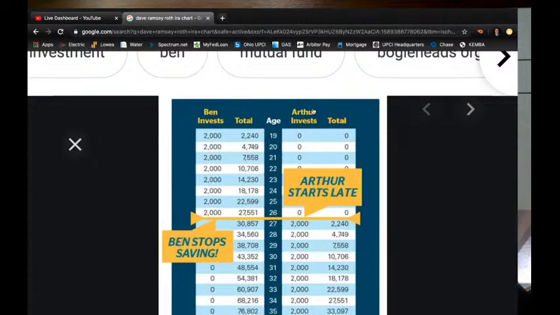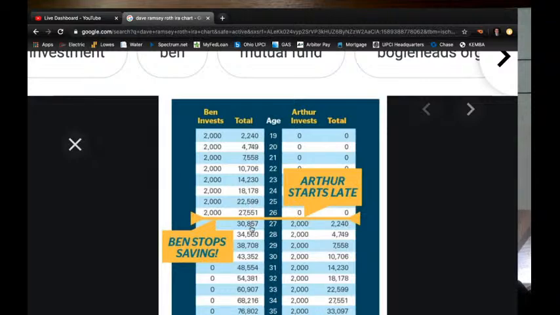But now check out my guy Arthur. Arthur didn't start investing until he was 27 years old. Now, Ben stops investing at 26, 27 years old. But because he's already accumulated this $27,000, if the stock market continues on the route it's going, Dave Ramsey, who's a financial guru, says that the stock market on average from about 1960 to 2015 grows at a rate of about 12%.